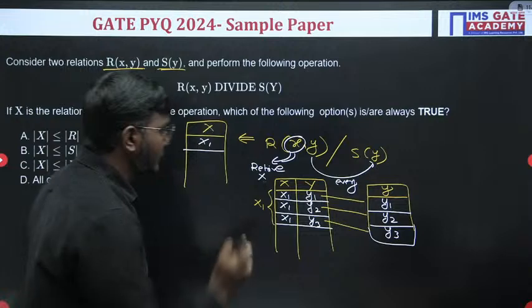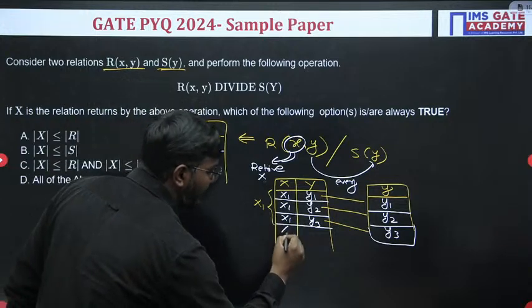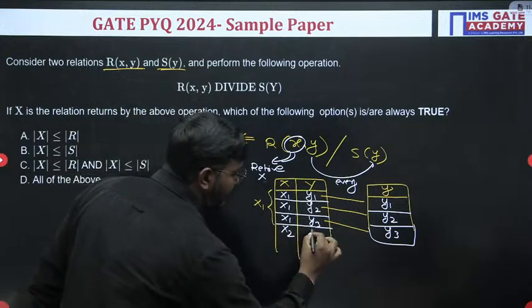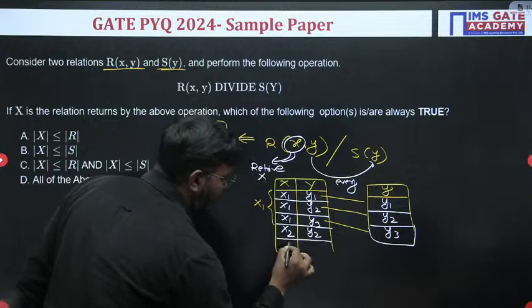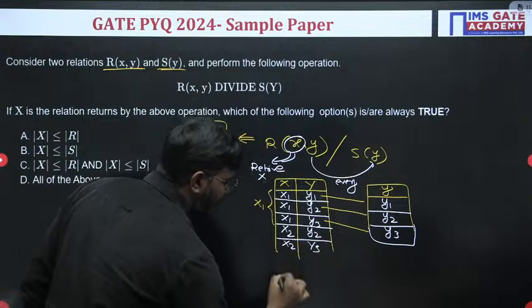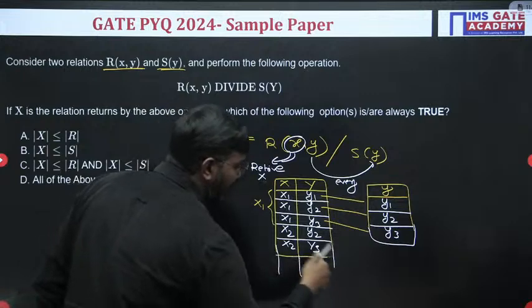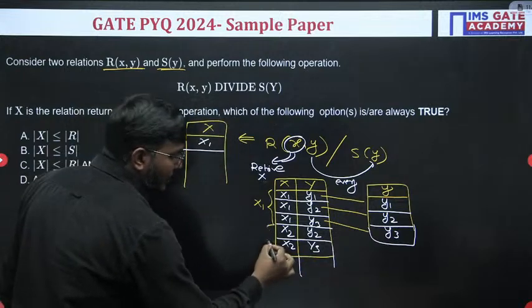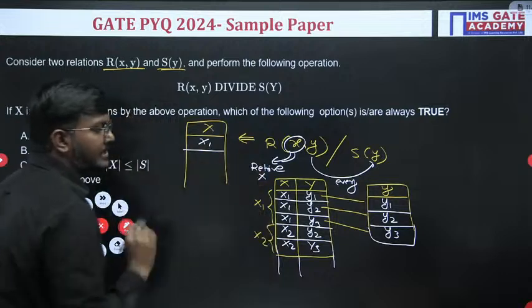Understood? Now again, if I take one more, let's assume x2 with y value y2, and x2 with y value y3. Can I say this x2 will be in the result of this division? No. Why?